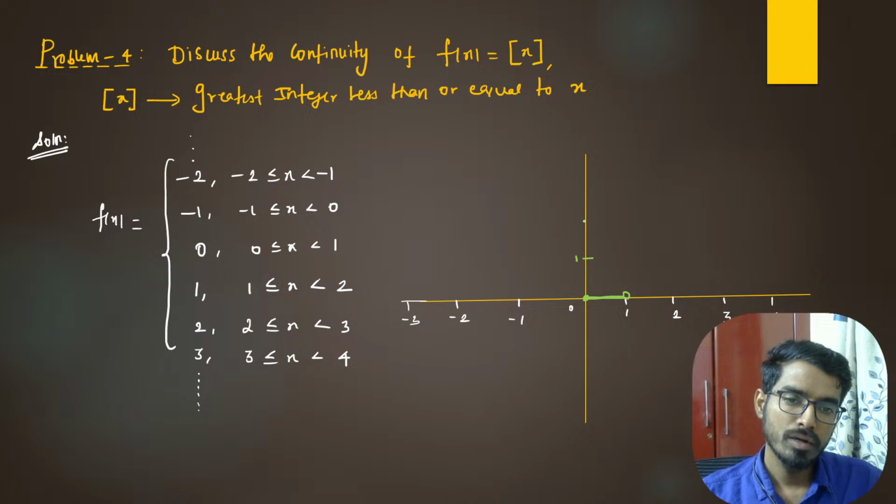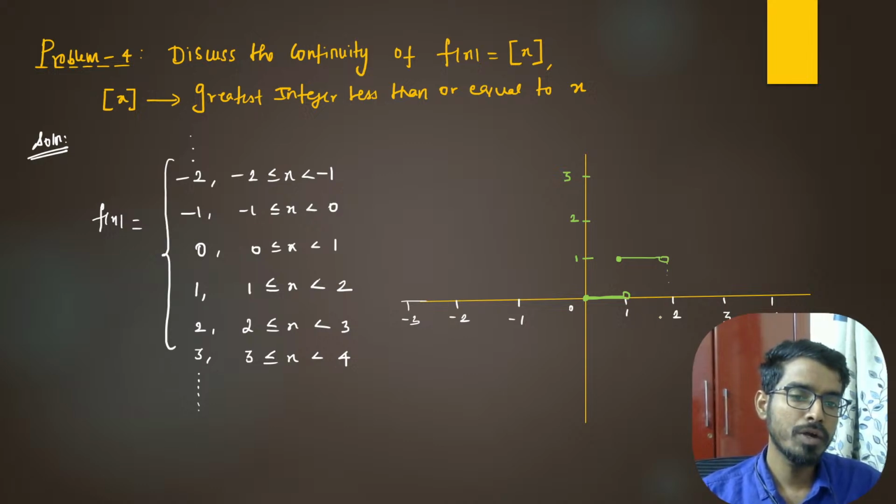This is 1, 2, 3. When x is 1, the output is equal to 1. And if x belongs to 1 to 2, all the outputs are 1. But at 2 it is not 1, right? I'm just putting a hole here exactly at the top of 2.